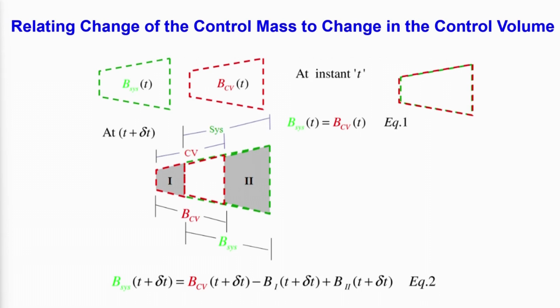What you are looking at is just the drawing: the new green colored thing is what you have in the control volume, from the diagram at the top, and from that you subtract 1 and add 2. That is simple drawing represented in the figure.